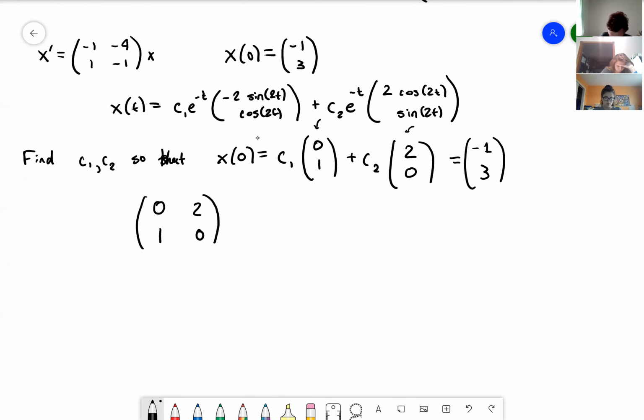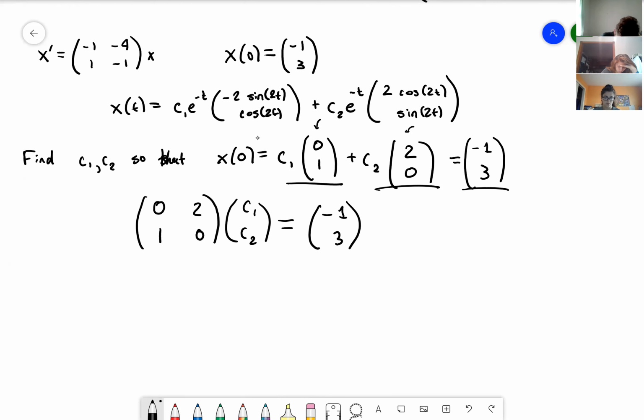I'm looking for something multiplied by this vector plus something multiplied by this vector to give me this vector. This can be rewritten as a matrix vector equation. So we take those vectors and make them the columns of the matrix. C1 and C2 are this vector here, and we're trying to get it equal to -1, 3.